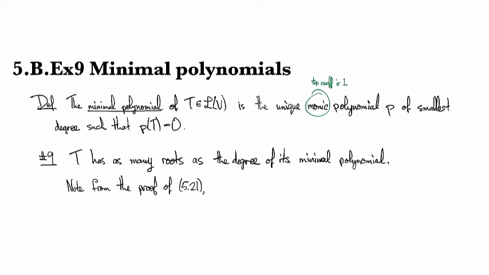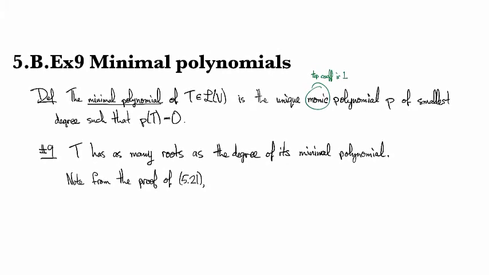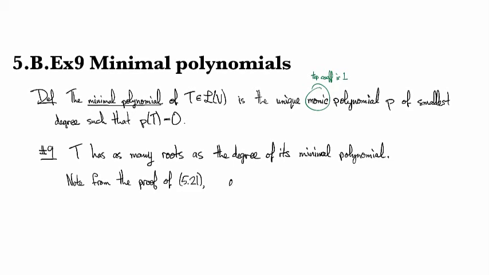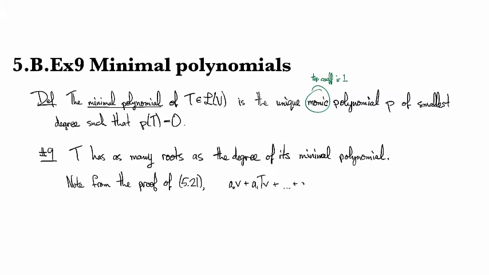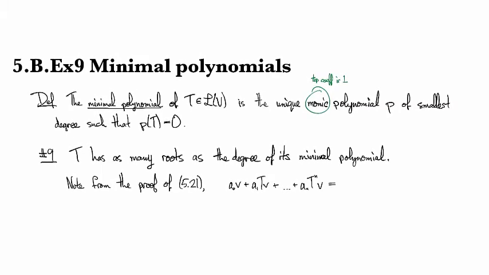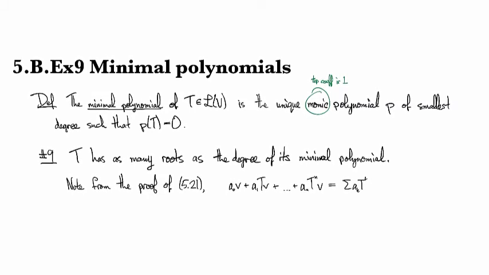Then what do we have? So from the proof of 5.21, we know that a0 v plus a1 T v plus up to an T^n v, which is the same thing as the sum of ak T^k applied to v.